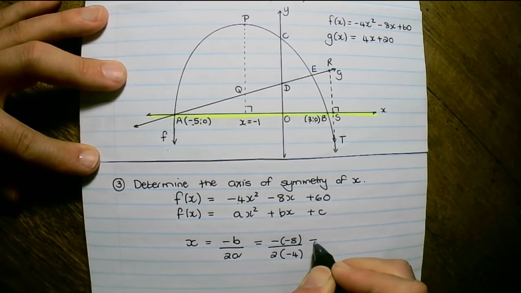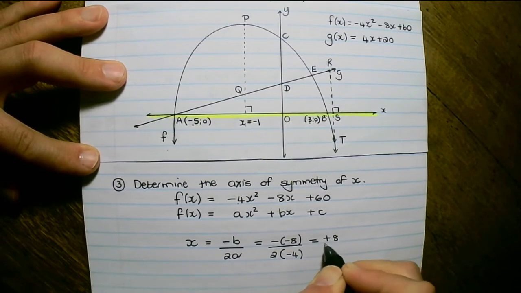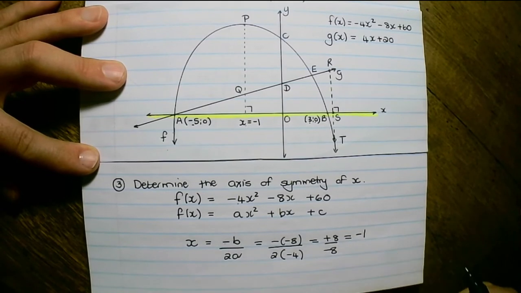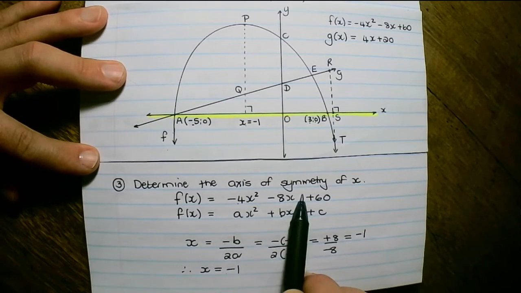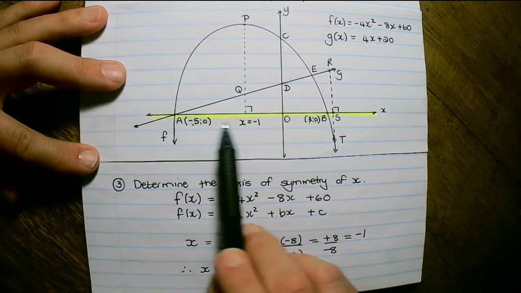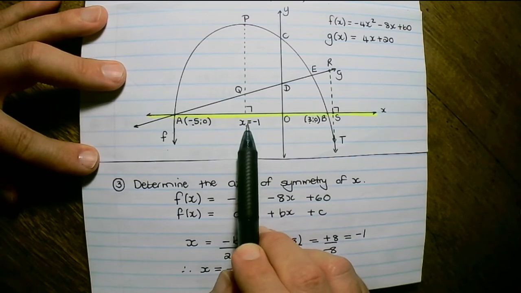So this will become +8 over -8, and therefore x is equal to -1. So the axis of symmetry is x equals -1. And that's how you do it from the equation. But if you're given the diagram and you have two intercepts, you can also do it by inspection.